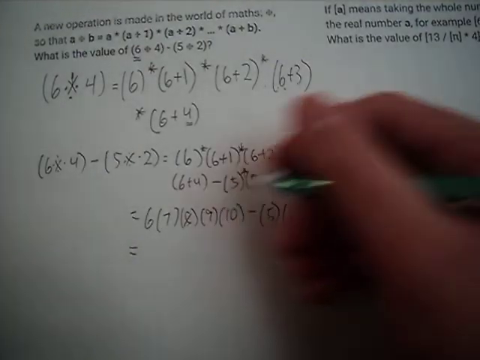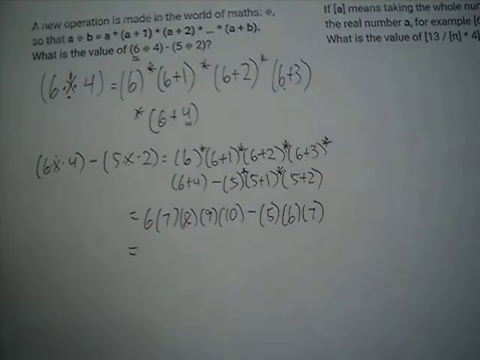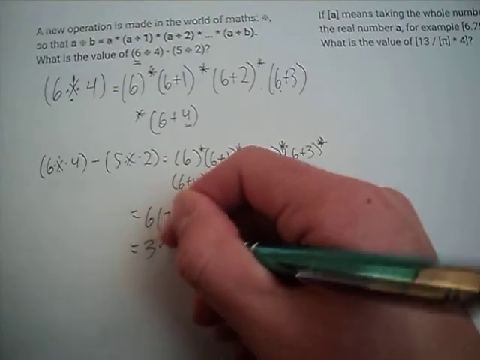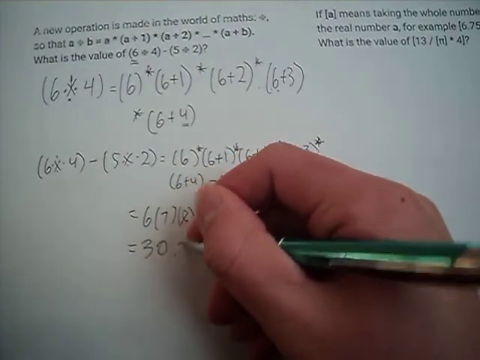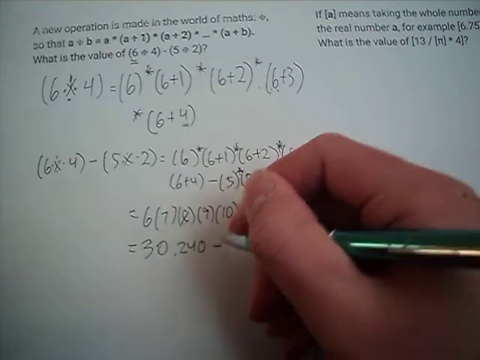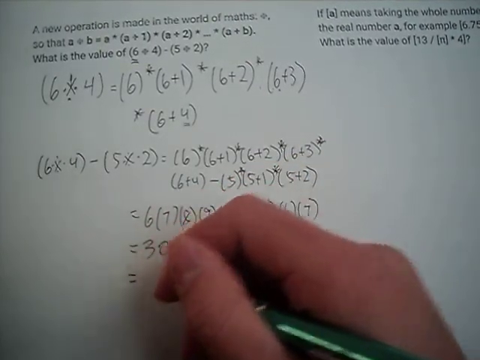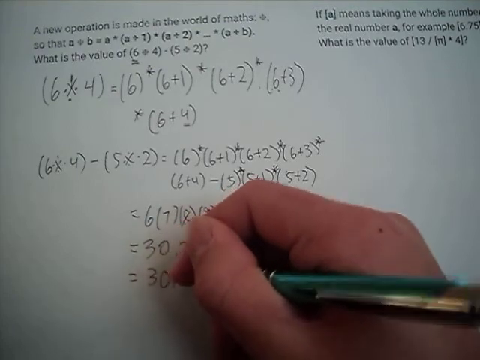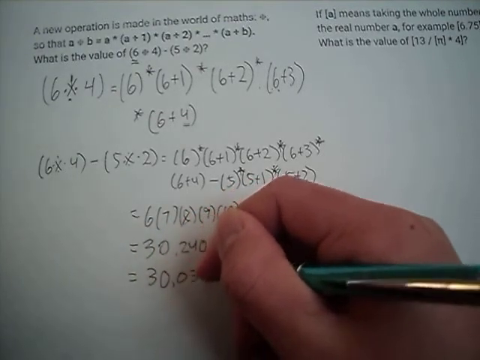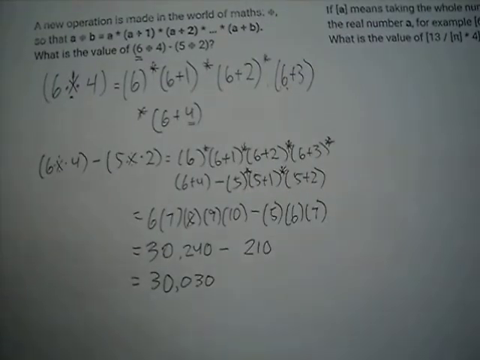But I have the answer here, so I'm just going to write it out. 30,240 subtract 210, and that is equal to 30,030. And that is the answer. It's a bit big, but this is the correct answer, 30,030.